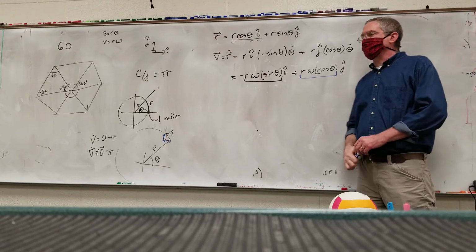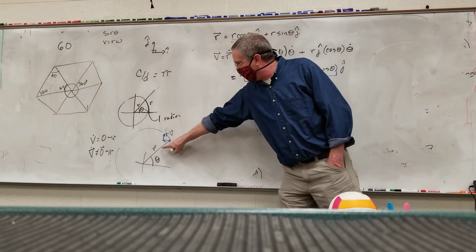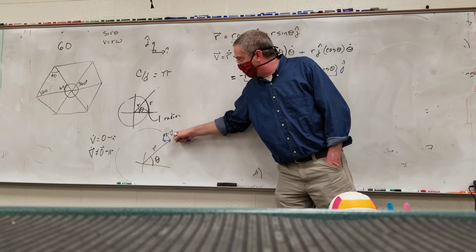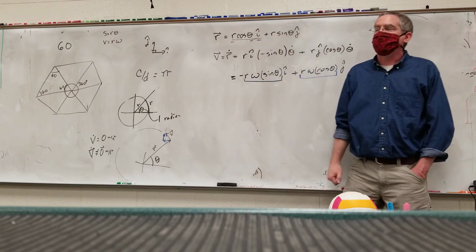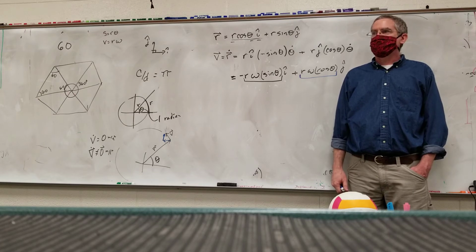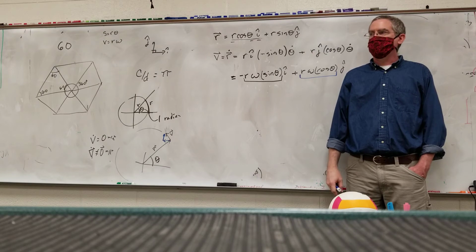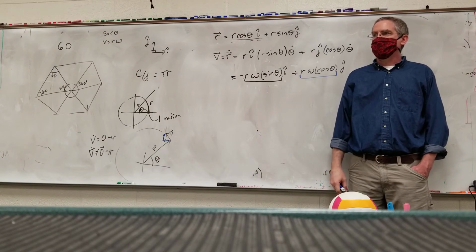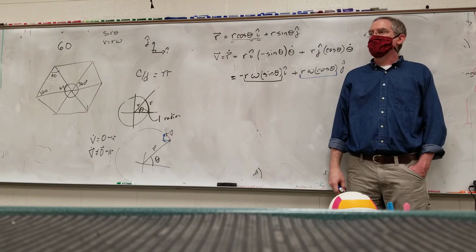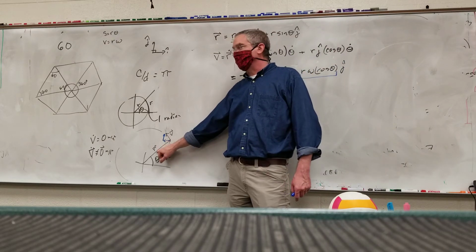We've got one other relationship we can exploit. What is the relationship between v, the velocity, and the radial vector, for something traveling in a circle? Can you repeat the question, please? The relationship between the velocity vector and the radial vector here.